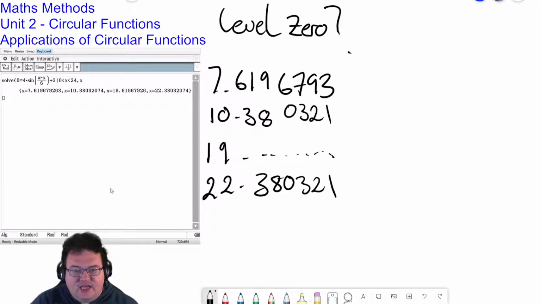Now, as you can see, the decimal points are the same for each part of the cycle.